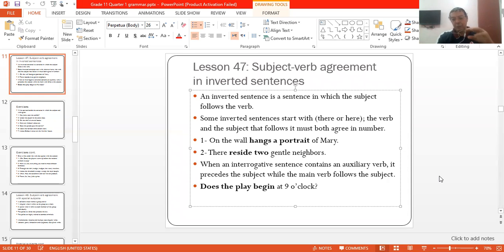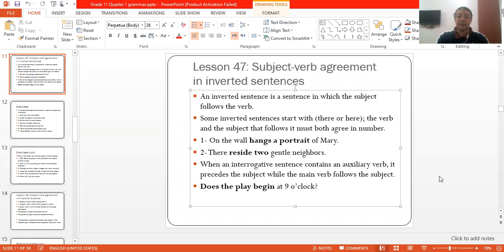So first of all, now we know that the inverted sentence has the verb coming first and then the subject right after, not the other way around, which is a normal position in regular sentences, where the subject comes first and then the verb follows it. That's the normal position. But in inverted sentences, I say it one more time, the verb comes first and then is followed by the subject.